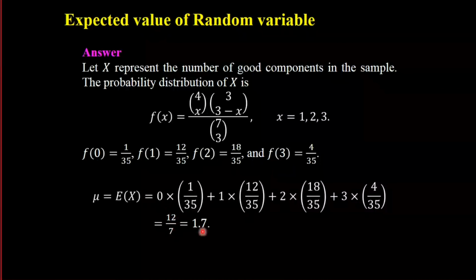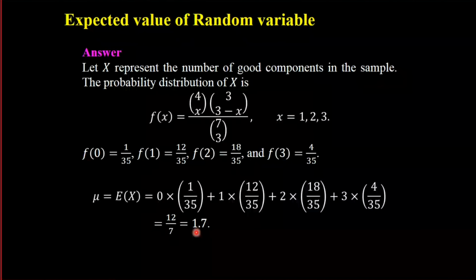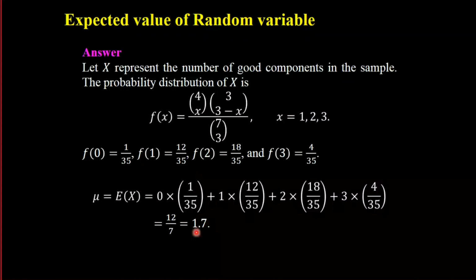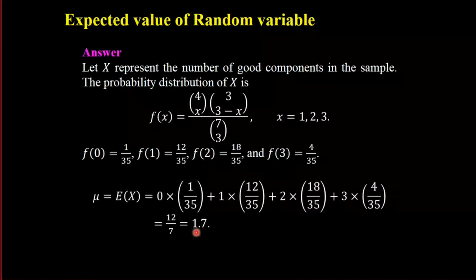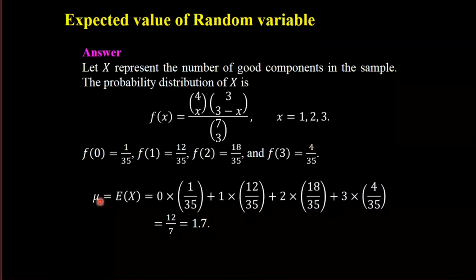If you solve, you get 12 by 7, so about 1.7. So you will get about 1.7 good items. So you can approximately say that if the inspector chooses, at least 2 will be good components on average.